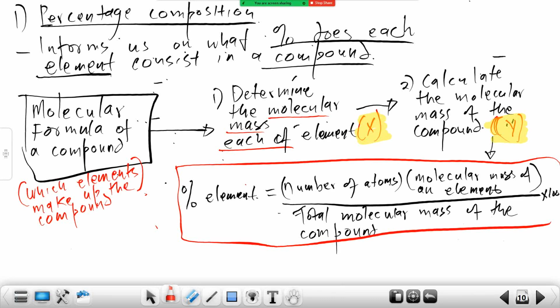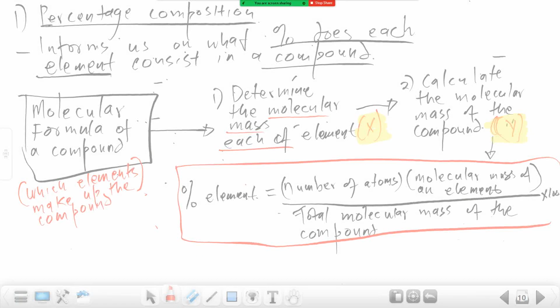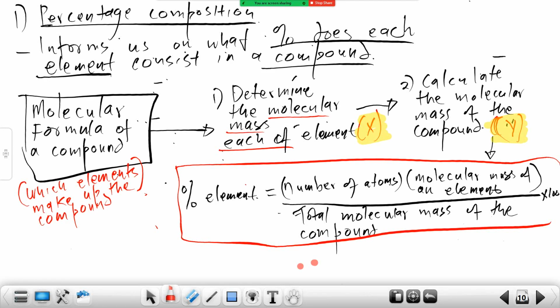So to accommodate the number of atoms, I will say X is the molecular mass of an element. Y is the total molecular mass of the compound. So this allows me to say X over Y multiplied by 100.